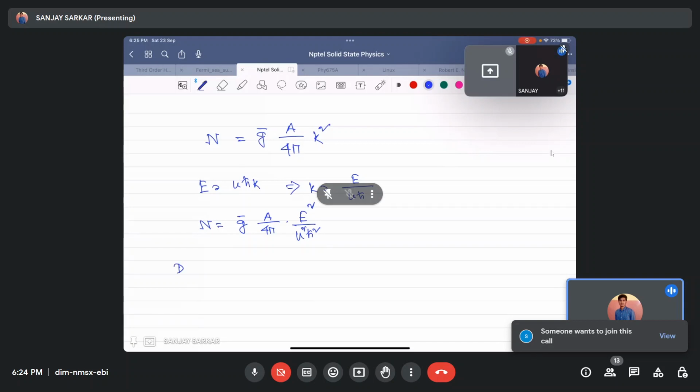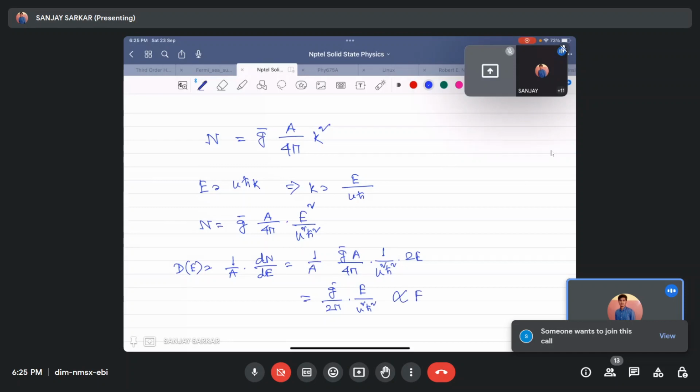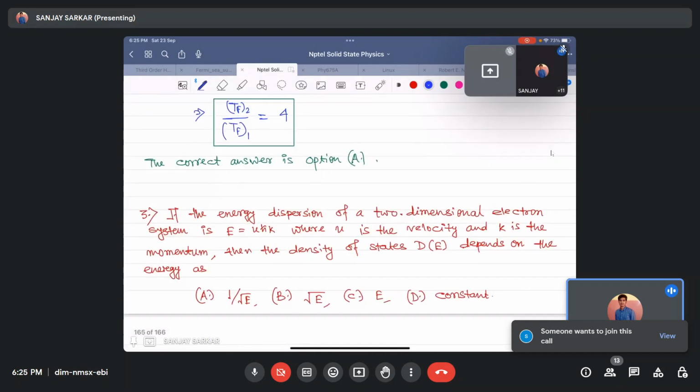Then what is the density of states g of E? Density of states is 1 by A into dN by dE. So 1 by A is there, g bar A by 4 pi into 1 by u square h bar square, and the derivative of E square is 2E. Then A cancels out, the 2 goes with the 4 pi, so g bar by 2 pi into E by u square h bar square. So it is proportional to E, and option C should be correct.